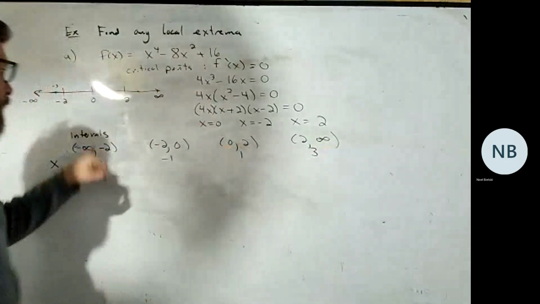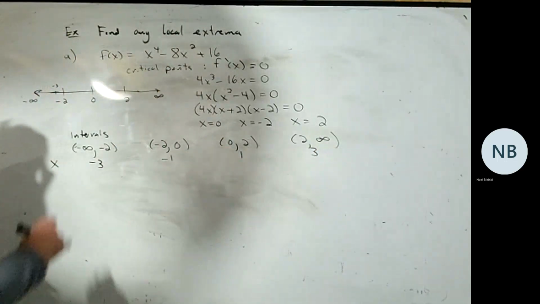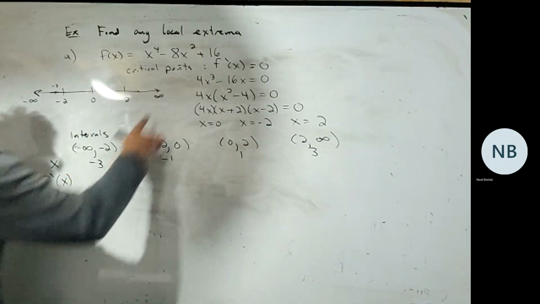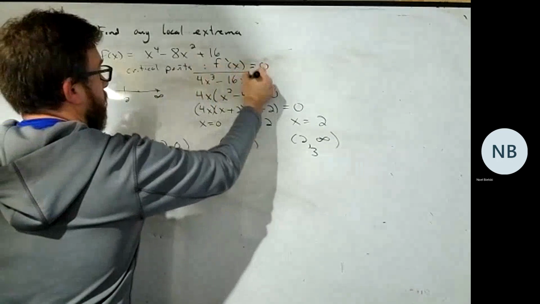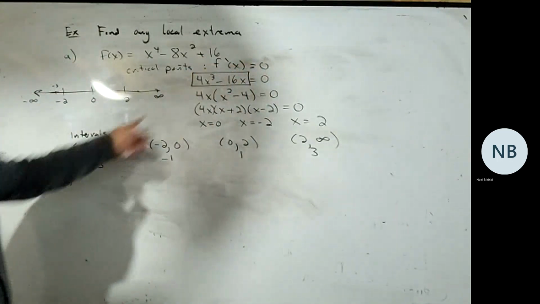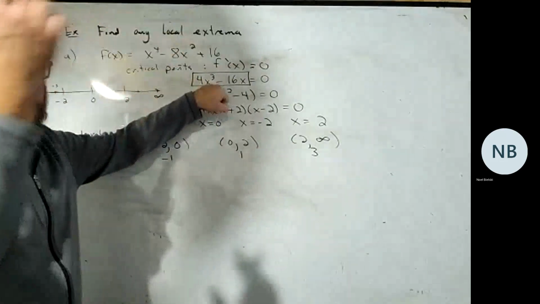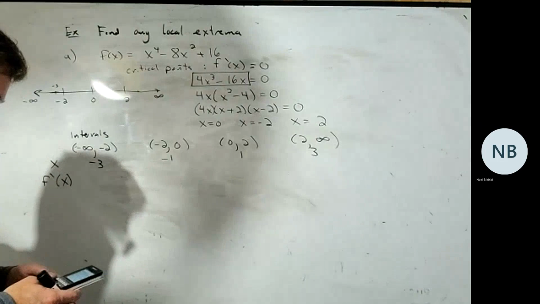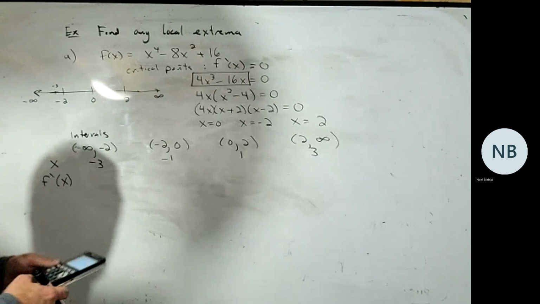I just need that x value to live in those particular intervals. And then I'm going to plug these into the derivative. If you plug it in and its output is positive, it's going uphill there. That means it's increasing. So I'm just going to plug these into that function and see what happens.